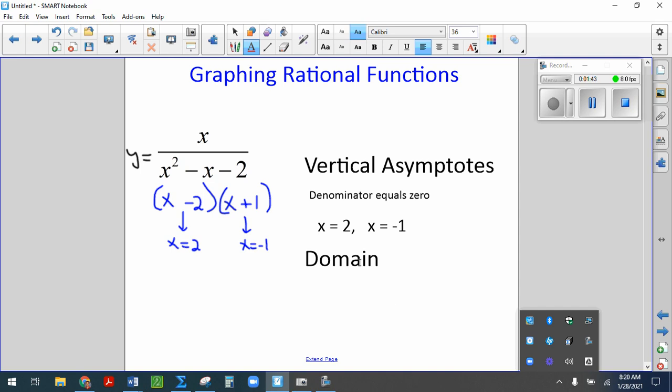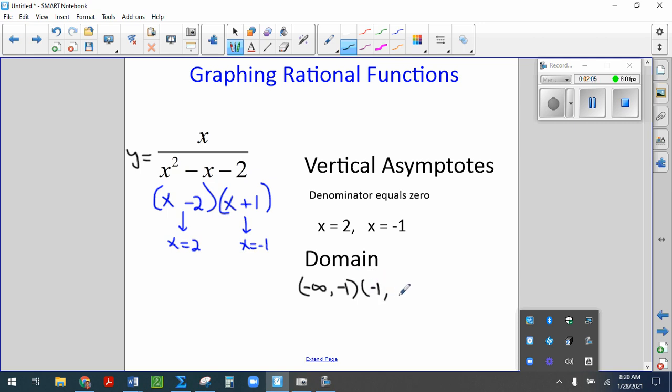That means the domain is going to be all real numbers except for 2 and negative 1. And so you might use interval notation. You may have done that before. So if I use interval notation, I would say negative infinity to negative 1, from negative 1 to 2, and from 2 to infinity.